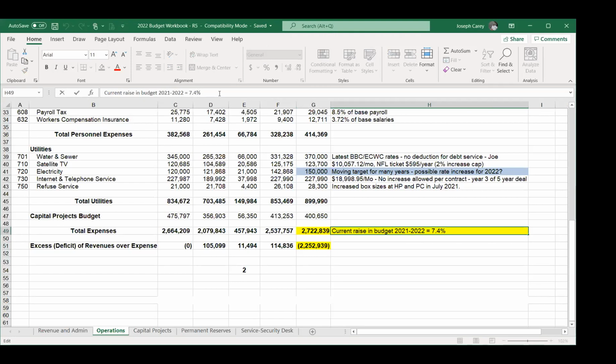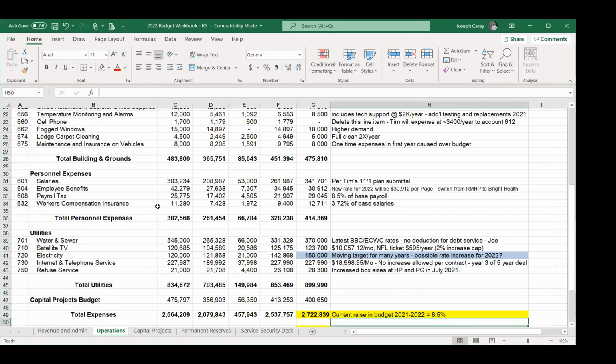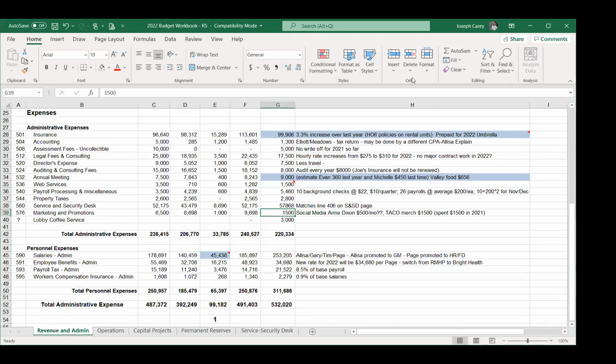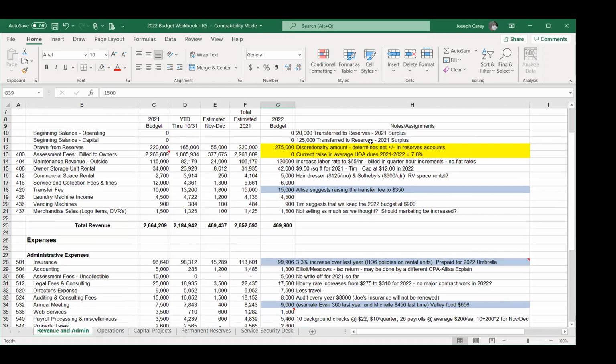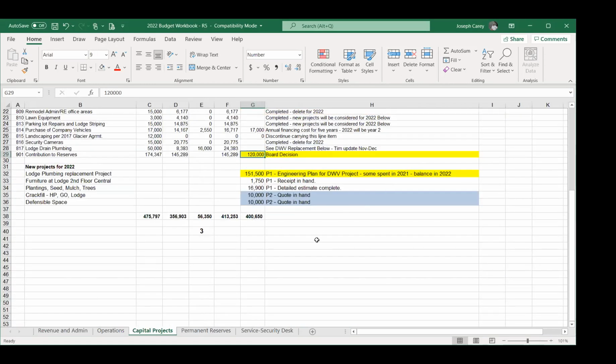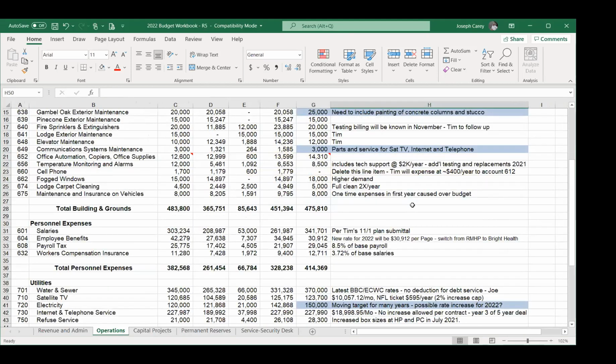It raised the percentage. I don't know, something may not be right. I missed something somewhere. Have to go through it and look. Anyway.